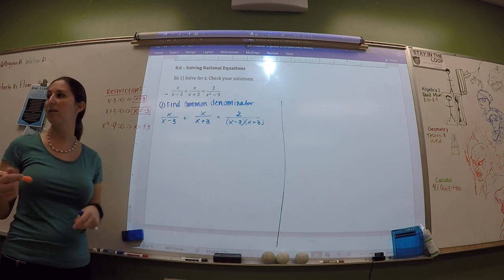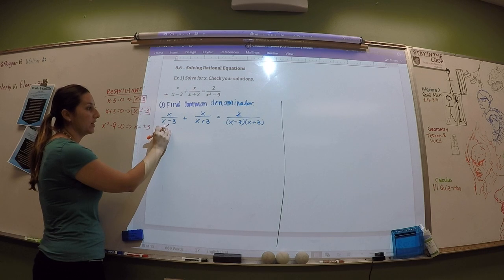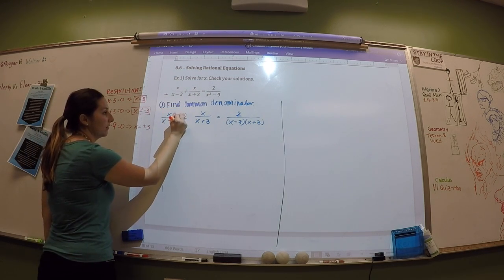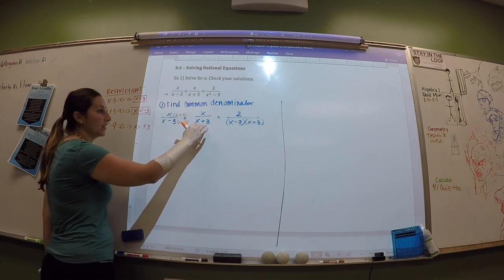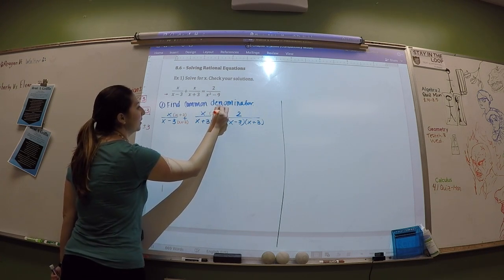So, if this fraction has a denominator of x minus 3, I need to multiply it by x plus 3 so that it has both. And if this fraction has a denominator of x plus 3, I need to multiply it by x minus 3.